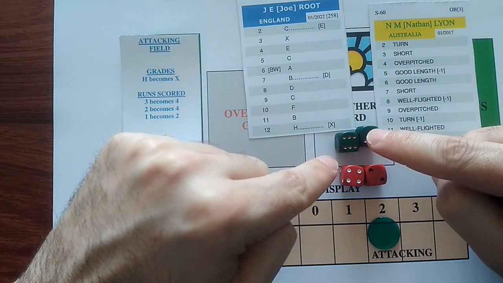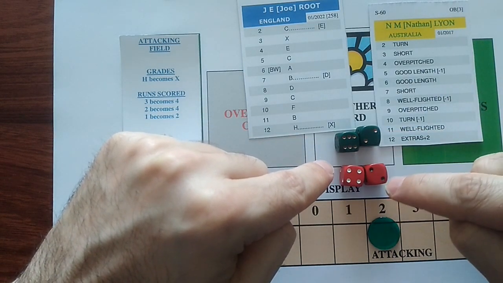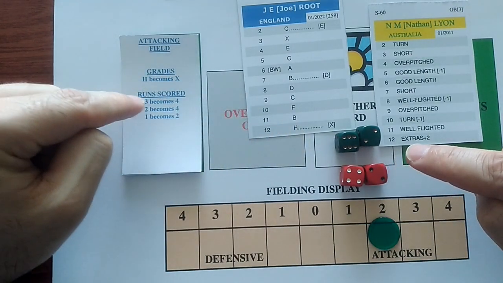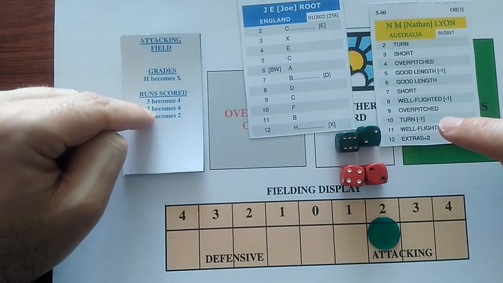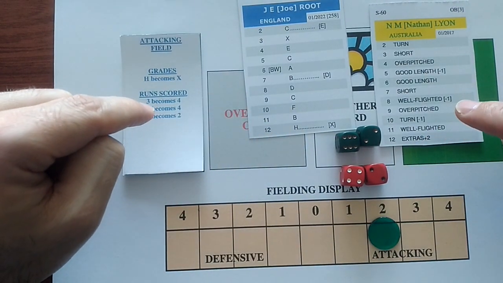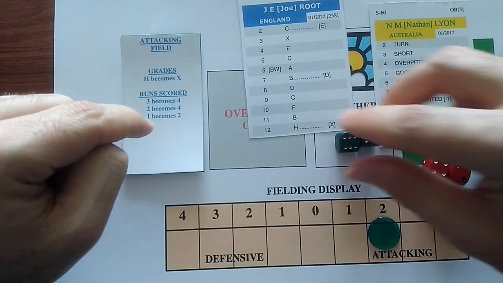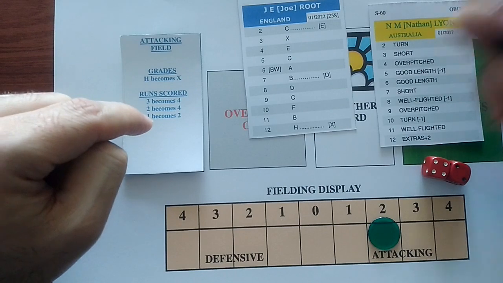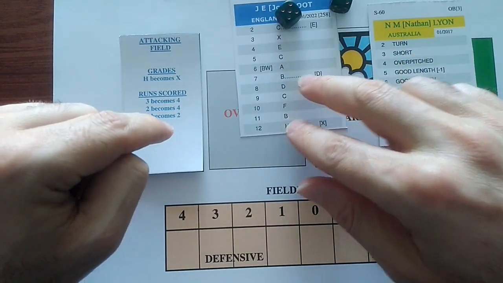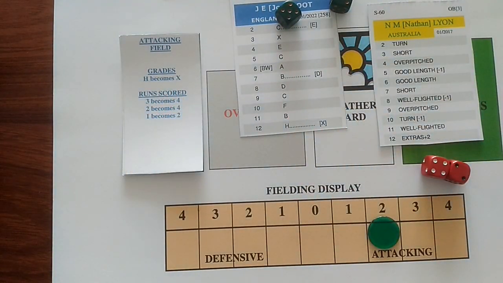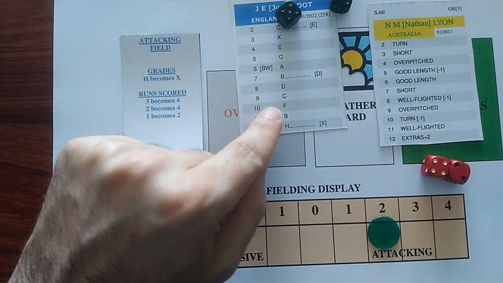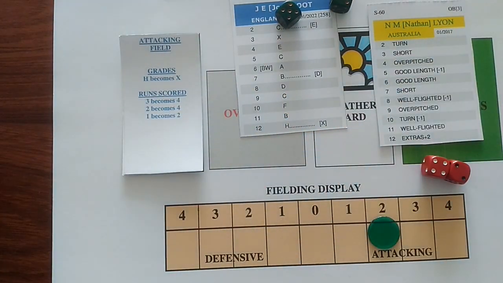But because we got a 2 here, we need to take into account this card. So now that we know that this card has come into account, we maintain our good length delivery over here, but we re-roll the dice for the batter. And it's an 8 again, so it's exactly the same. Now, a good length D is obviously no runs anyway, unless you're really hitting out.